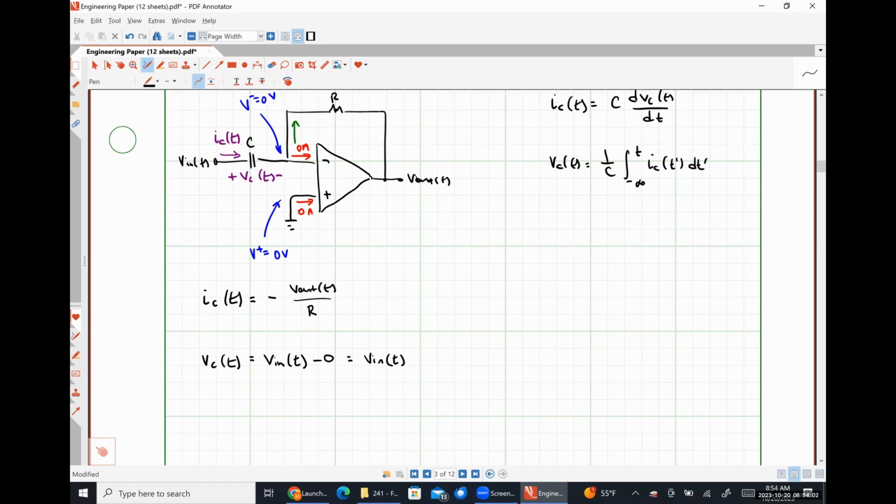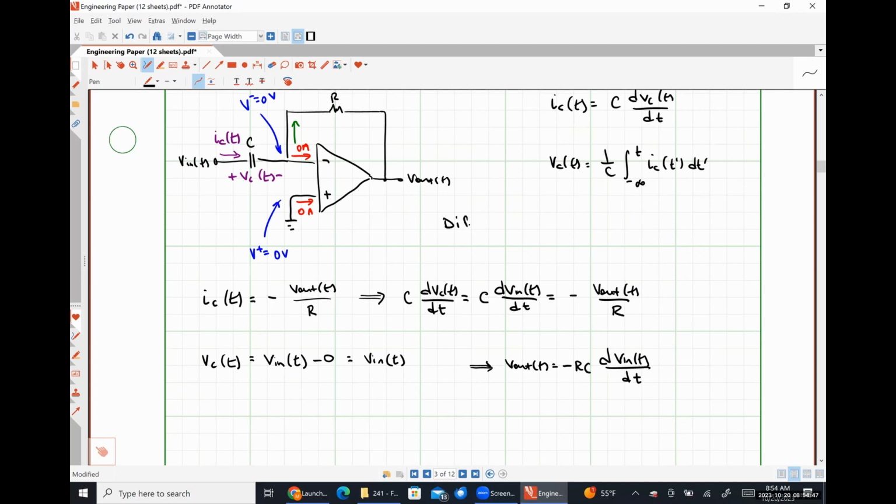So IC of t is C dVc by dt, or C dVn by dt, and we know this is equal to negative V out over R. Rearranging, we find that V out is negative RC times the derivative of our input voltage with respect to time.